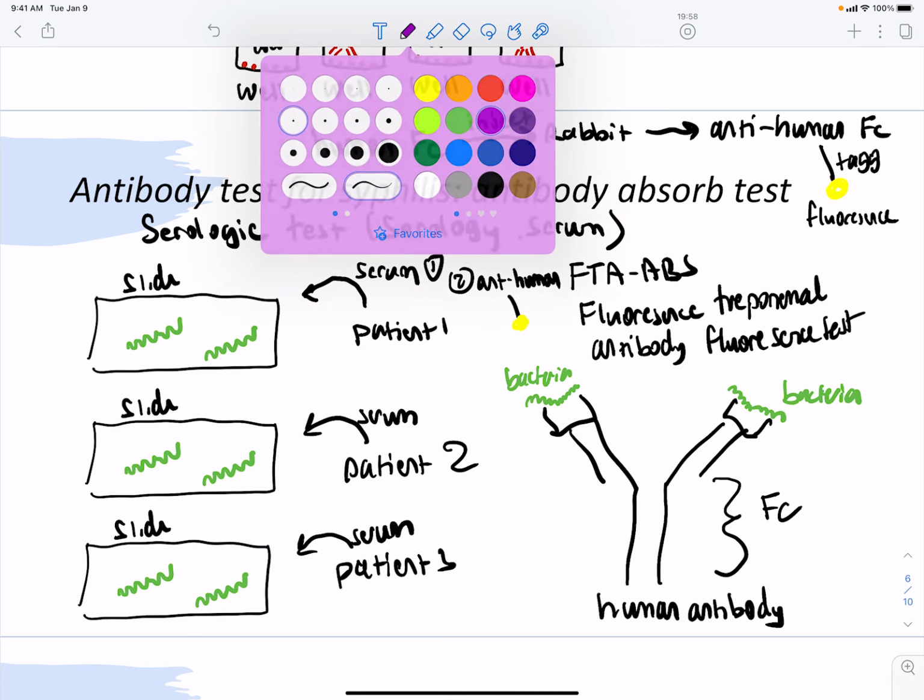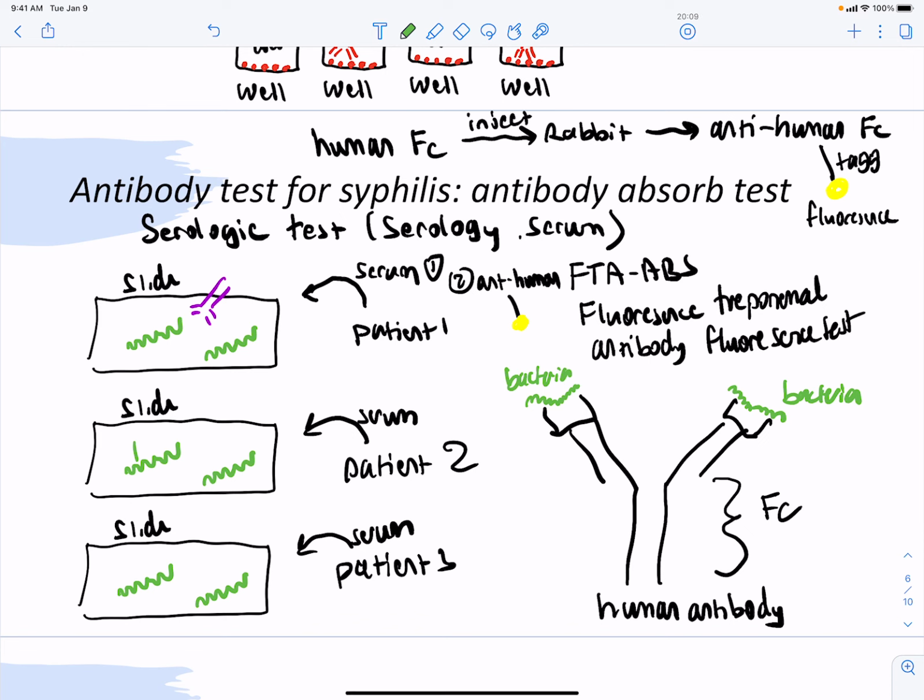Patient 2 has these green antibodies that bind, and patient 3 will have green antibodies that bind. And so you're going to get your fluorescence tag on patient 3 and patient 2, but not on patient 1. And so for patient 2 and patient 3, your treponema will light up under a fluorescent microscope. But patient 1, since it does not have any antibodies, will not light up. And so that's basically the way that this test for syphilis is done.